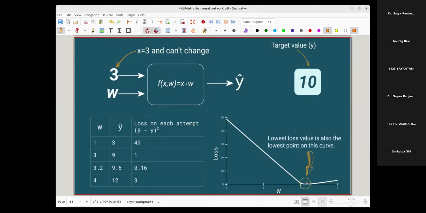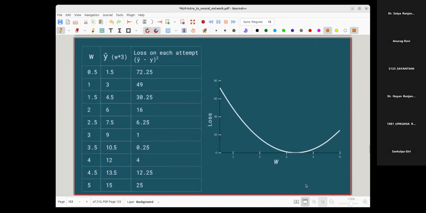So if you visualize a loss curve for the loss function, our objective is to find this W value where the loss is minimum. So if I keep increasing the W value, all these values I have tried, and these are the loss values.